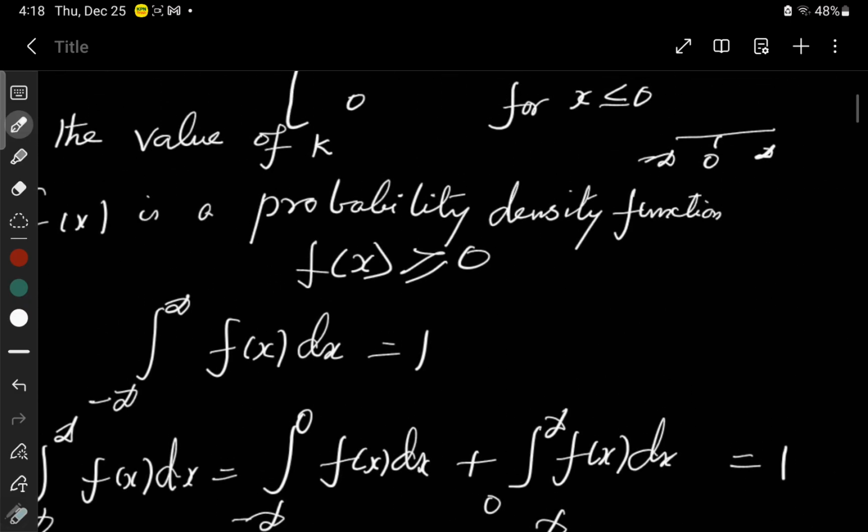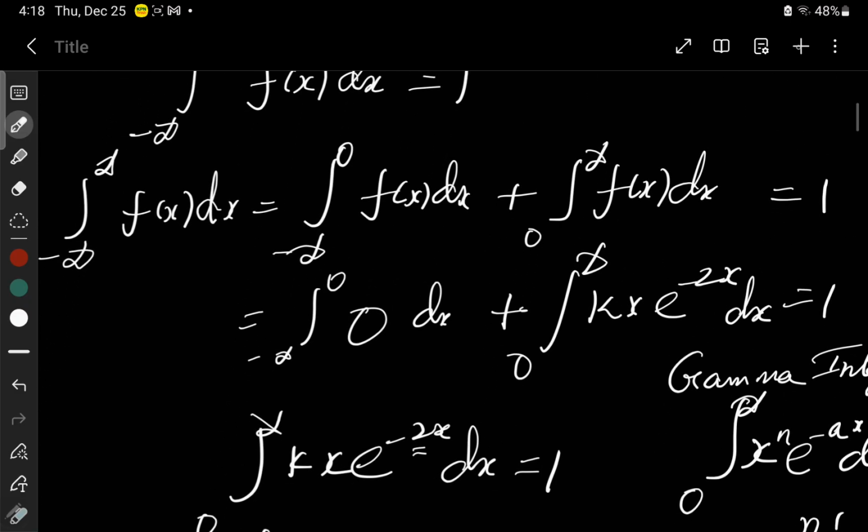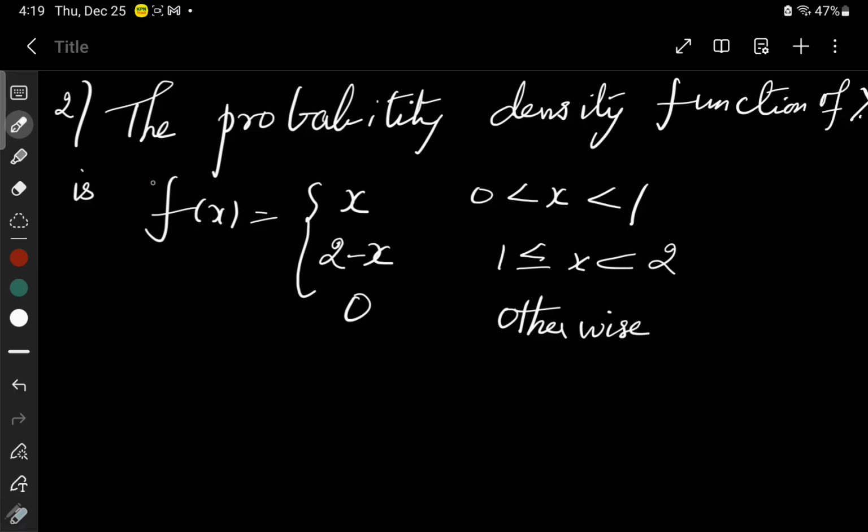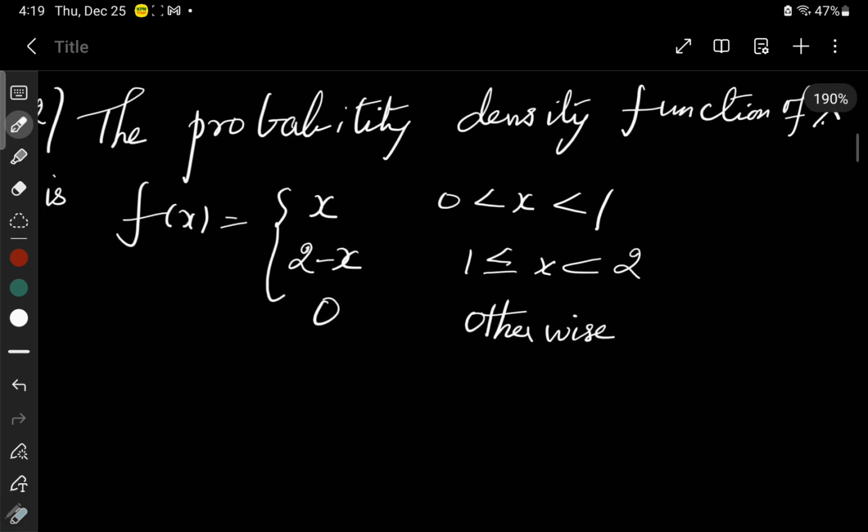That is the question: find the value of k. Now see the second sum. The probability density function of x is f of x is x for x lies between 0 and 1, 2 minus x for x lies between 1 and 2, that is 1 less than or equal to x less than 2, and 0 otherwise.